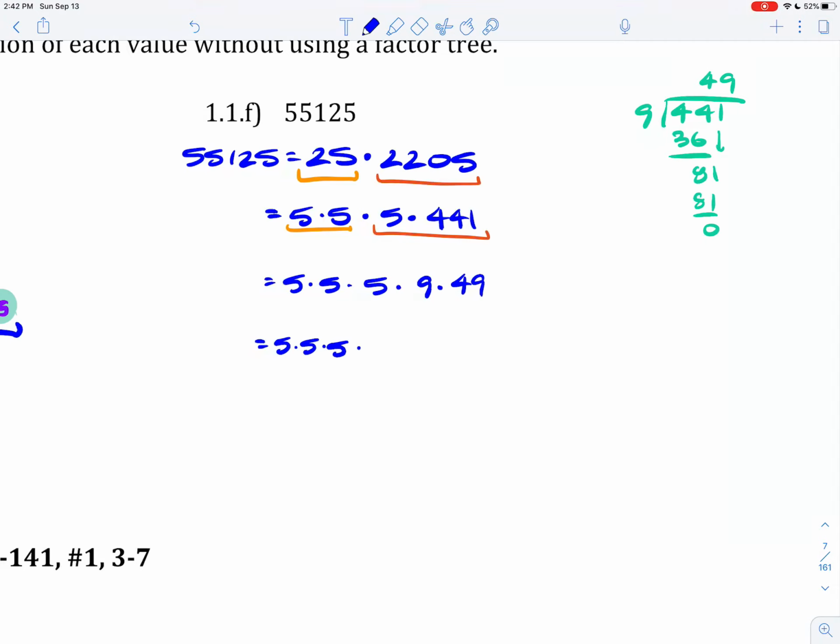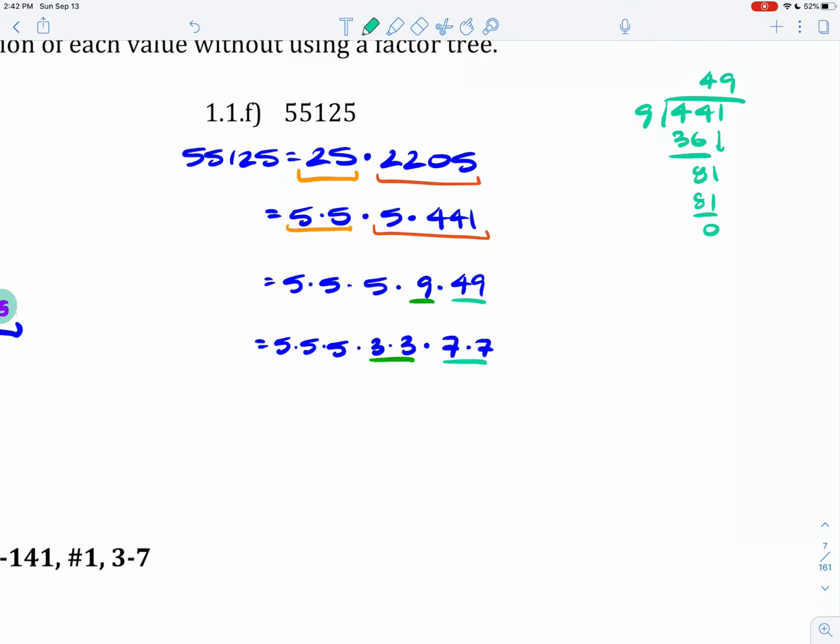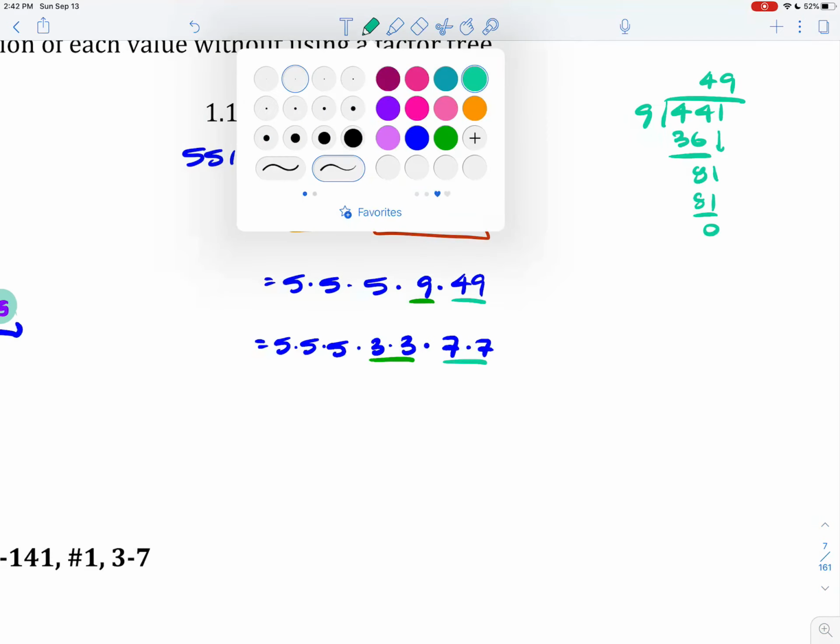5 times 5 times 5 stays the same. 9 I will turn into 3 times 3. 49 I'll turn into 7 times 7. So again, this 9 became this 3 times 3. This 49 became this 7 times 7.